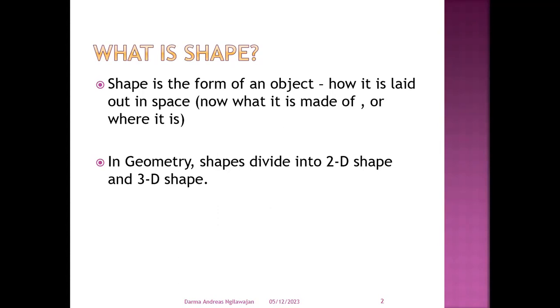The complete word for D is dimension. So in geometry, shapes divide into 2-dimension shape and 3-dimension shape. Jadi dalam geometri itu terbagi atas geometri datar, bidang datar, dan geometri ruang.